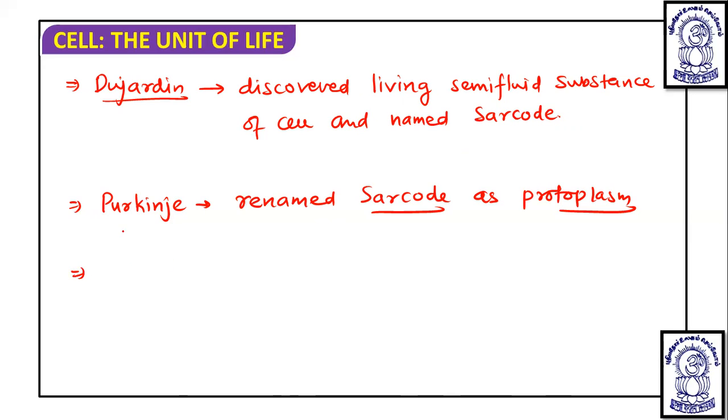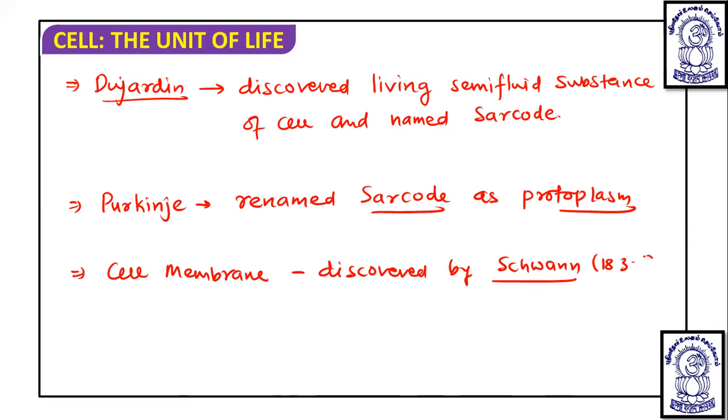Then later on, the cell membrane was discovered by Schwann in 1838, but the name was given by Nageli and Kramer. And later on, slowly, as electron microscopy elaborated or discovered in detail, the various organelles were also discovered inside the cell. Okay, so this is the history of how different scientists made their contribution in the discovery of cell.